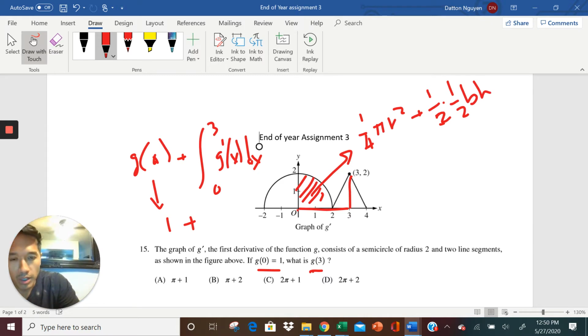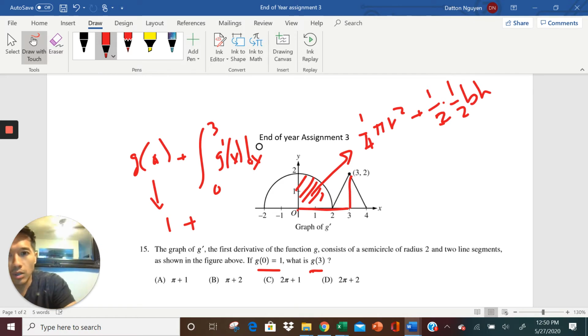So if the base of the triangle is 2 and the height is 2, it's going to be 4. 4 divided by 2 is 2. 2 divided by 2 is 1. Okay, so you kind of get the picture of that. That 1 plus this 1 will give you some value at that point right there.